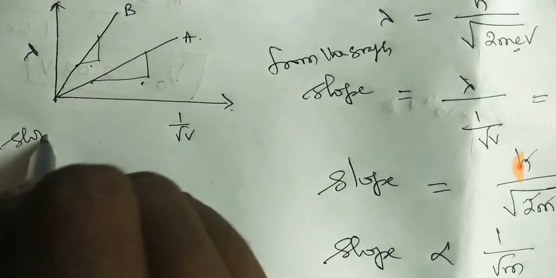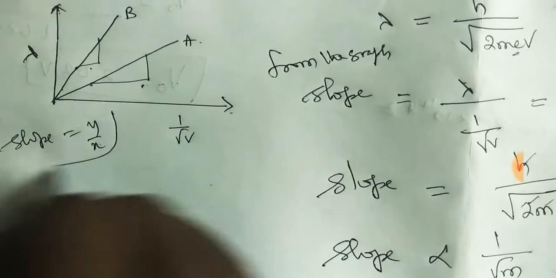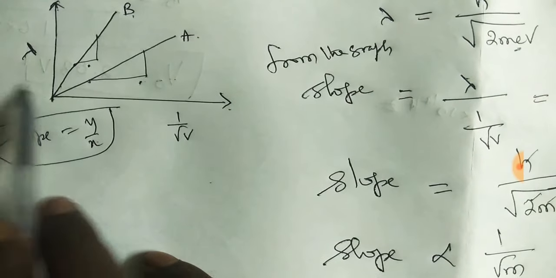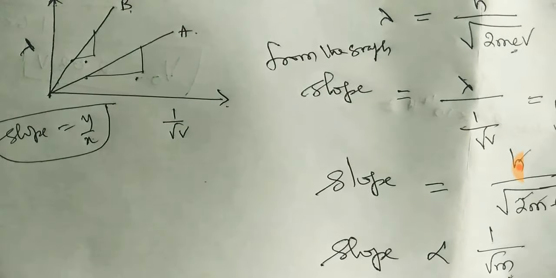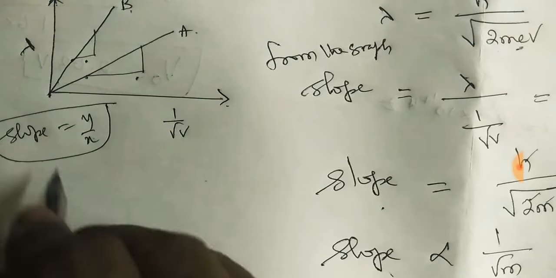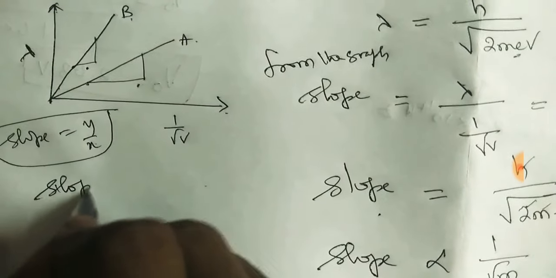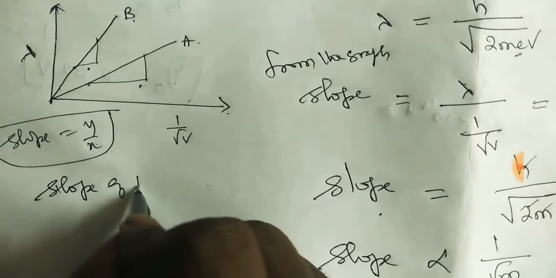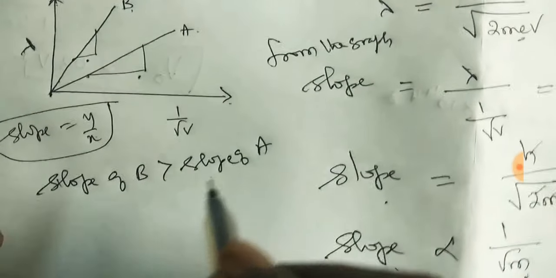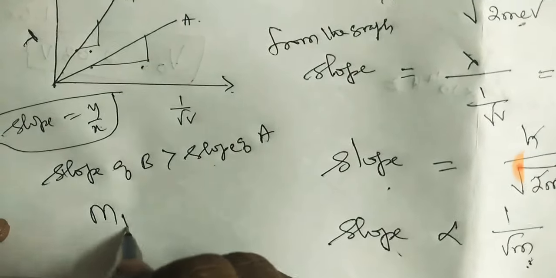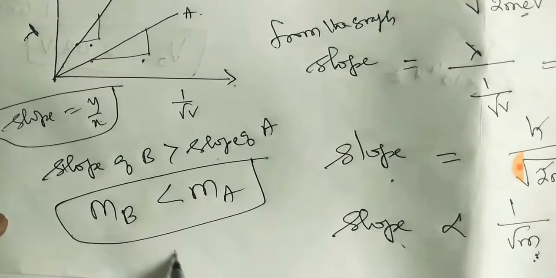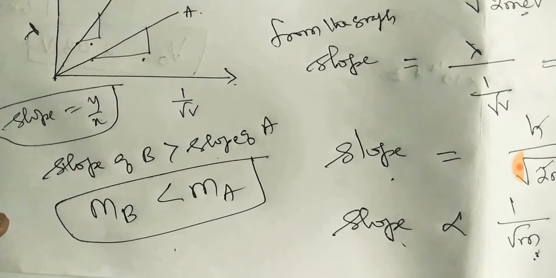Again I am saying, slope equals y by x. Since x is smaller, the slope of B will be larger. And since the slope is larger, m will be smaller. So the slope of B will be greater than the slope of A. Very simple, the mass of B will be less than the mass of A. This is the solution we found.